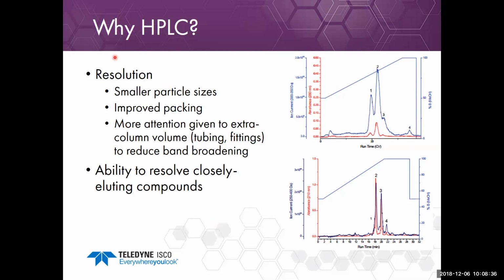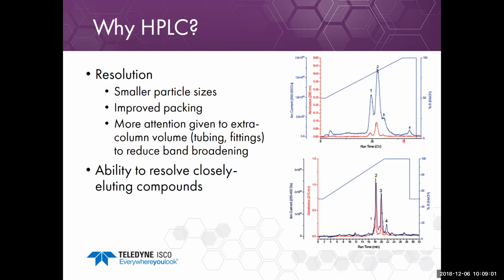Well, one word: resolution. We have smaller particle sizes. The packing is improved, and there's a lot more control over the packing. More attention is given to extra column volume, that is the tubing and fittings, to reduce band broadening.